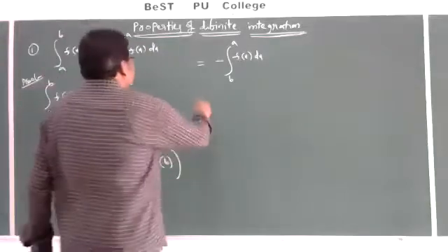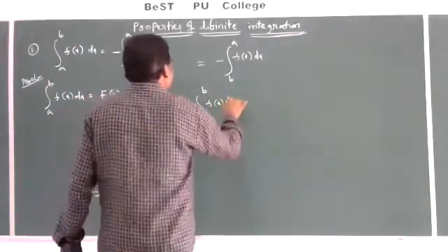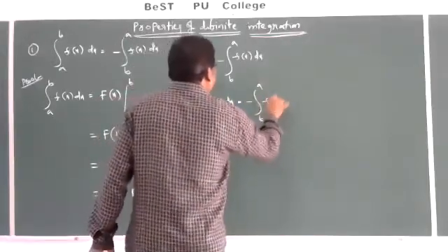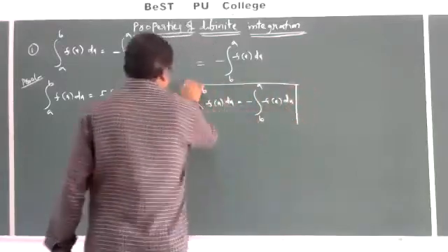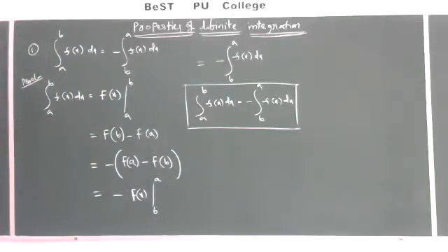That is, integral a to b f of x dx is equal to minus integral b to a f of x dx. This is the first property. If the limits are changed, then we take minus.